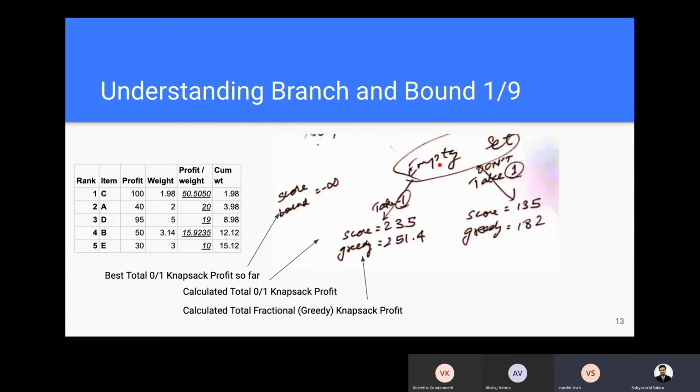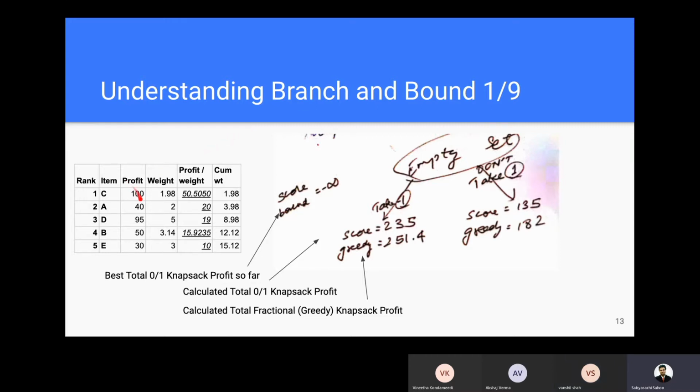Yes, if we take one and don't take one, then A and D remain constant afterwards, because A and D are the next best possible values after C. Yes, exactly. Essentially, we are just seeing that if we were to take one, what is the best we can do?